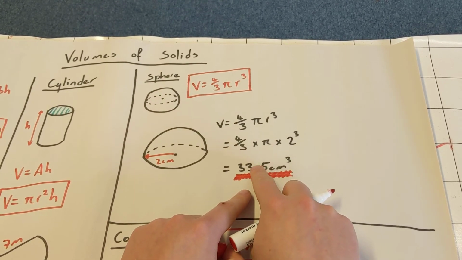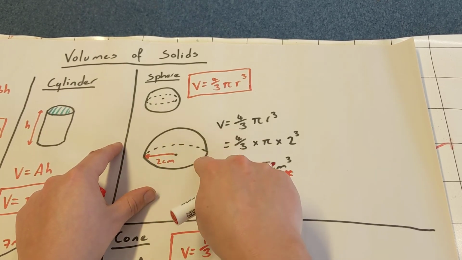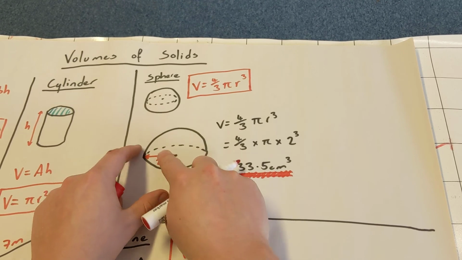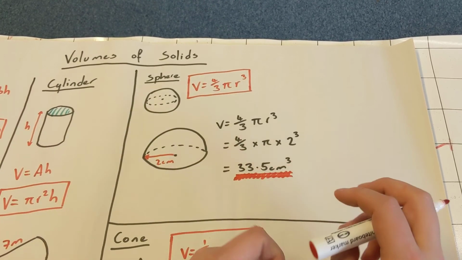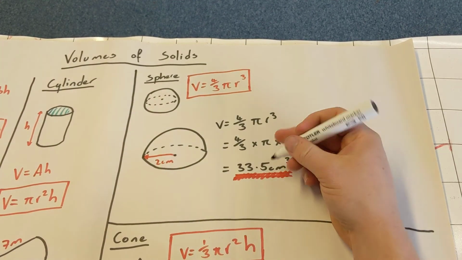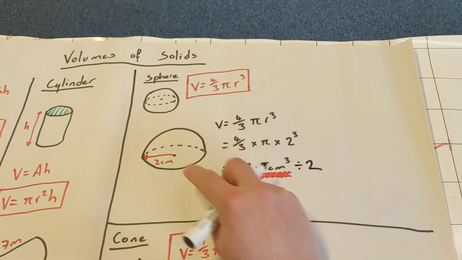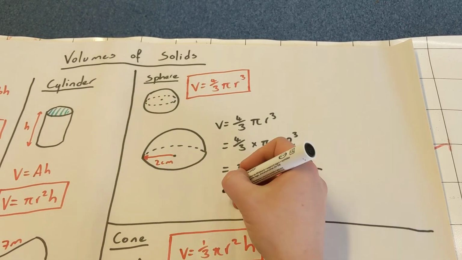This would be the answer if I'd worked it out for a whole sphere. But you see this here? That's a hemisphere, which is half of a sphere. So what I have to do is take this volume here and then divide that by 2, because I only want the half of it.